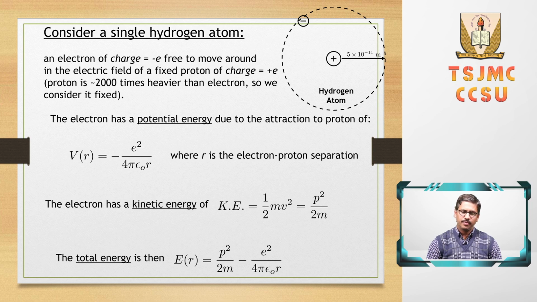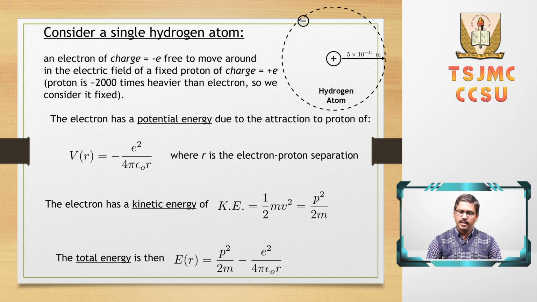So the Coulomb potential energy describing the attraction between the electron and the proton, V(r), is equal to minus e square upon 4 pi epsilon naught r, where the potential depends only on the radial distance, and is independent of the angular part. Here e is the charge of each particle and epsilon naught is the permittivity of free space.